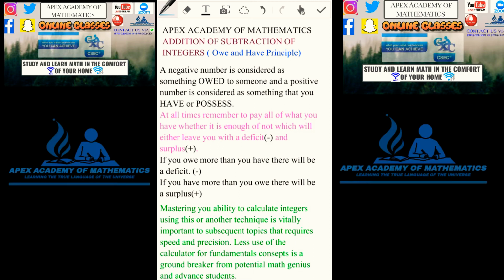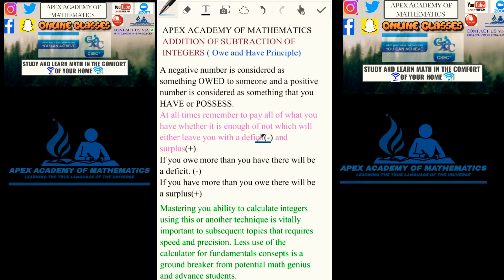It means that if you give that person what you have, you're still going to owe them. However, there are cases where you may have more than what you owe. And so, of course, when you pay what you owe, you're going to have some surplus left over. All right? Hope you understand that.